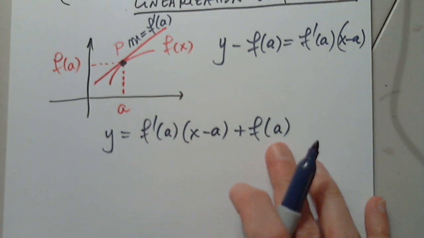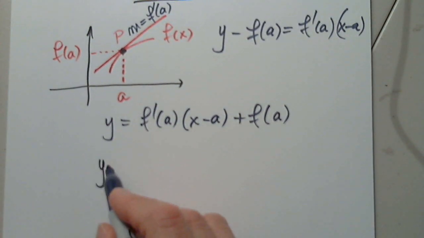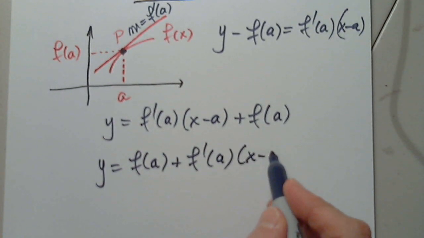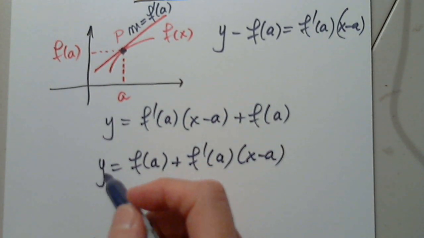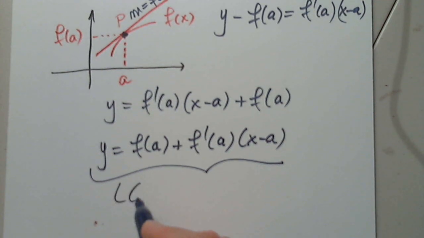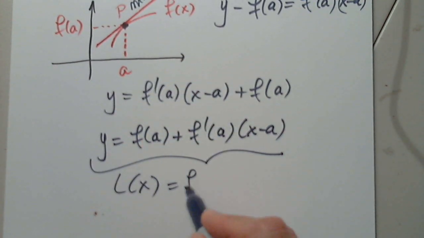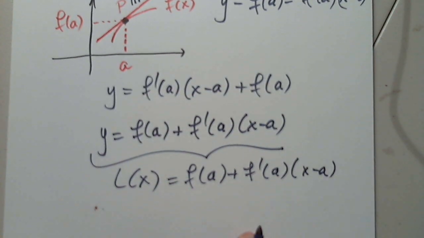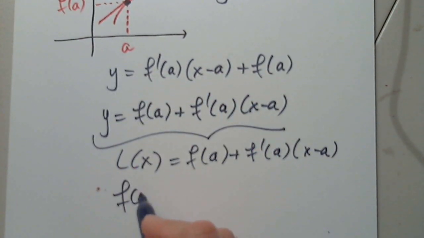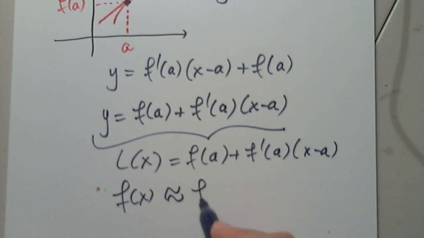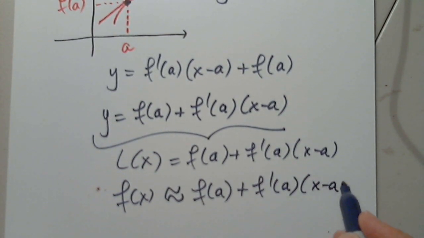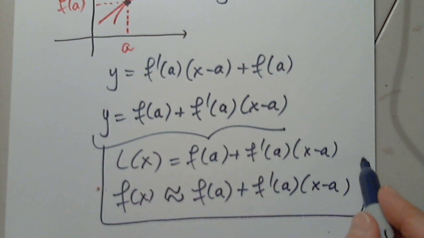We like to write f of a first: f of a plus f prime of a, x minus a. This is L of x, the linearization. This is the linear approximation. As you see, they are identical.